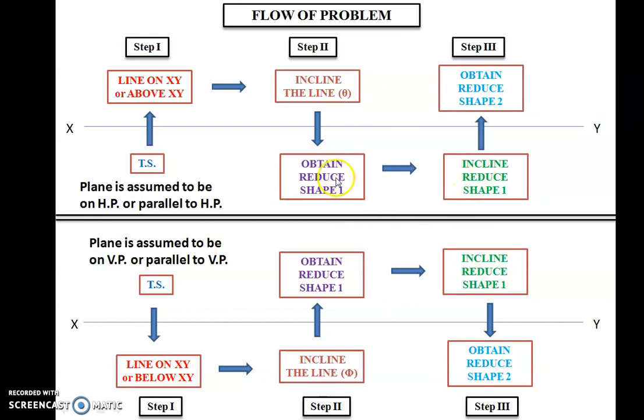When you redraw the shape, certain things you do incorrectly, that's why the shape gets changed, and once the shape gets changed here, this reduced shape will also get changed. So see that you take care of keeping this reduced shape 1 and this reduced shape 1 the same.